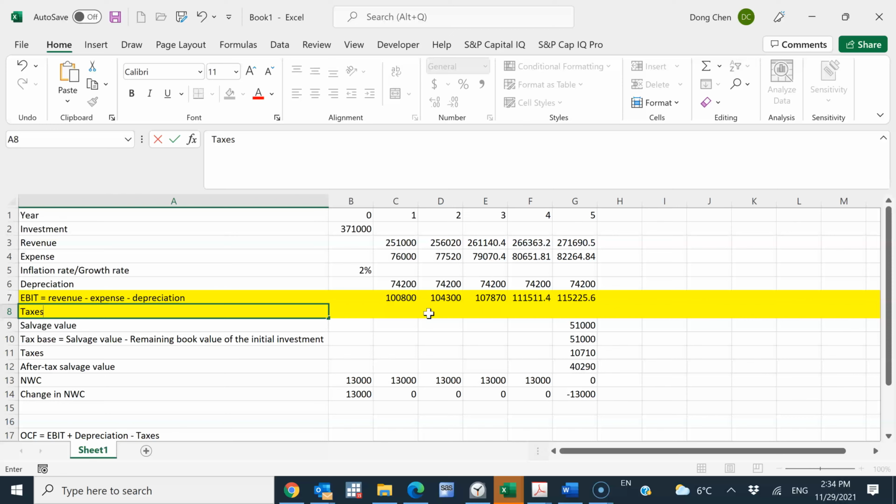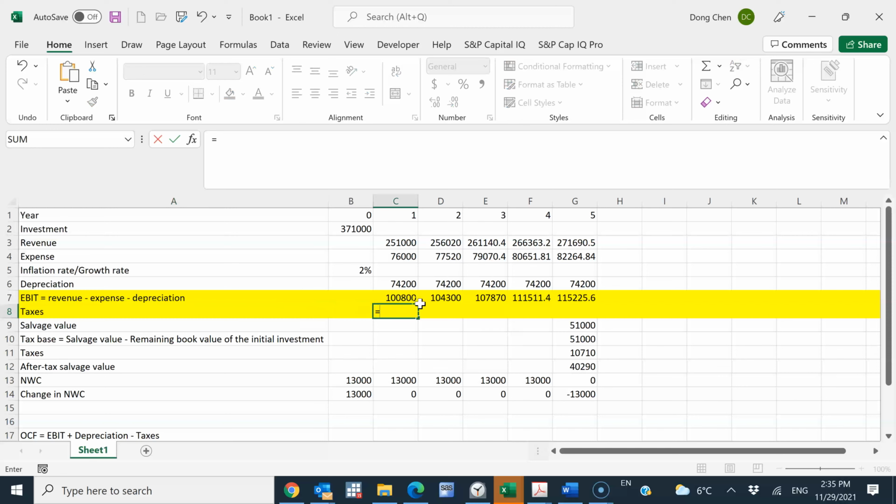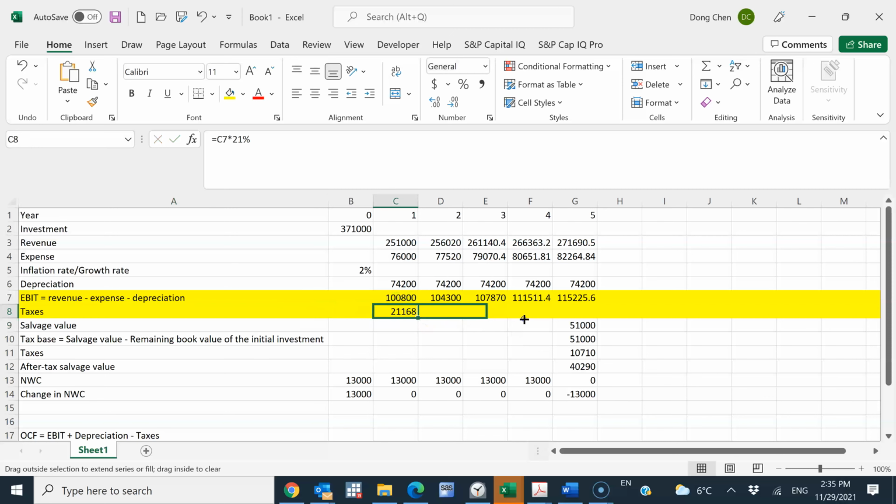So that means if we want to estimate the cash flows, we ignore the effect of the I part of this EBIT. So EBIT actually becomes my EBT. So the taxes will be based on EBIT times the tax rate. So that's going to be this, 21%, and then extend that to all other years.